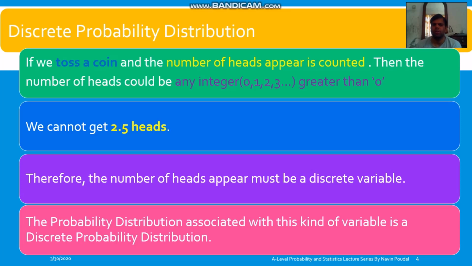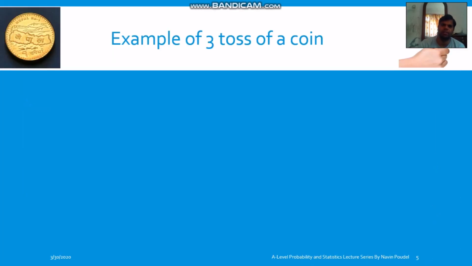We cannot get 2.5 heads or 1.5 heads. We can get 2 heads, 3 heads, 4 heads and so on, but we cannot find 2.25 heads. So the number of heads that appear is a discrete variable. The probability distribution associated with this kind of discrete variable is called discrete probability distribution.